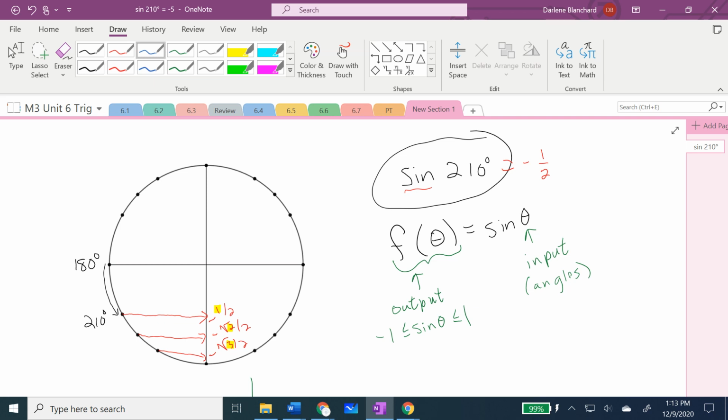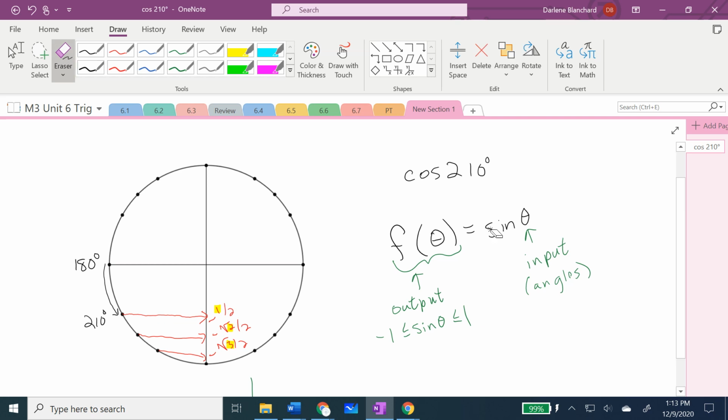Now, what if I asked you for the cosine of 210 degrees? So that's that answer. I'm going to erase it. Write it down if you wanted to write it down. And now I'm moving on to what is the cosine of 210 degrees.